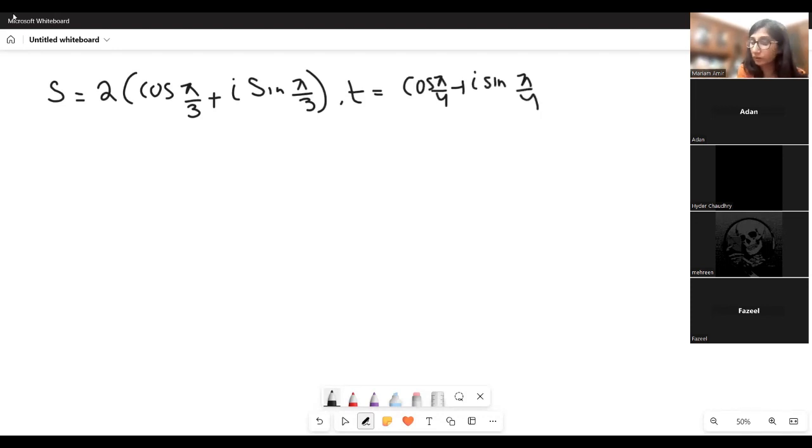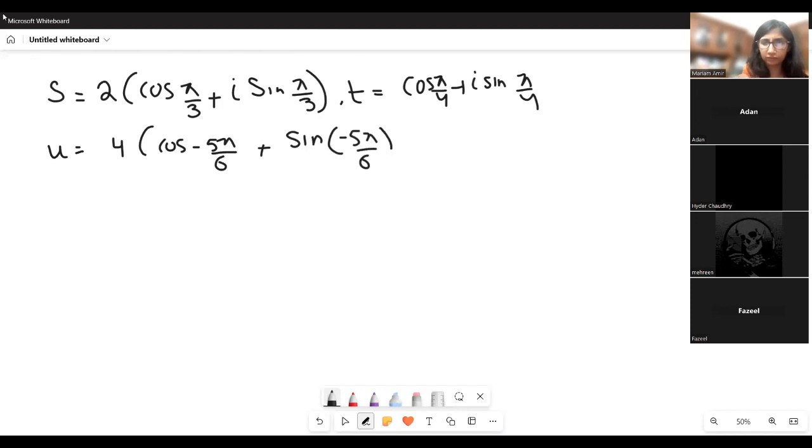And then there's another complex number U, which is 4 (cos minus 5 pi by 6 plus iota sine minus 5 pi by 6).